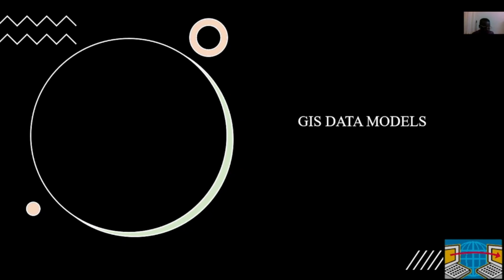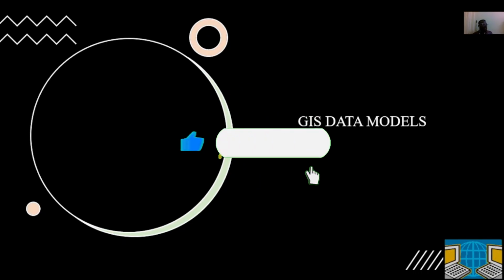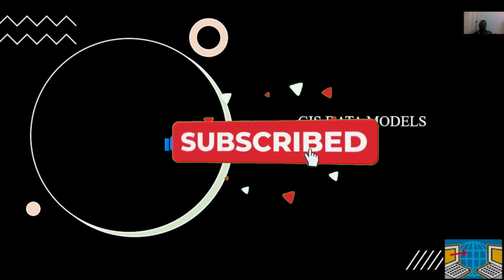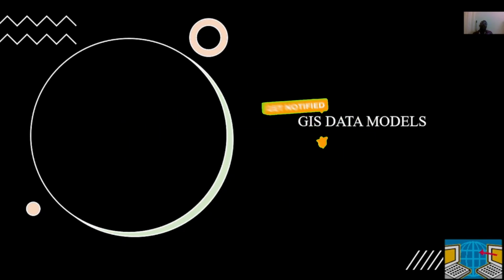In the GIS world, there are basically three types of data models that we usually use, but only two of them are common. We have the vector data, raster data, then the TIN data. The TIN data is not common because it's mostly generated after processing LiDAR data. The vector data and raster data are the most common ones.